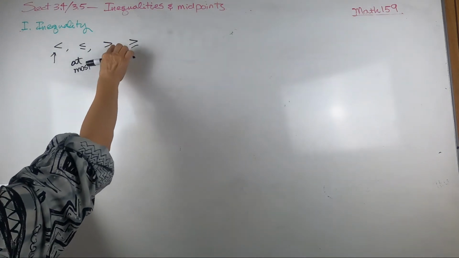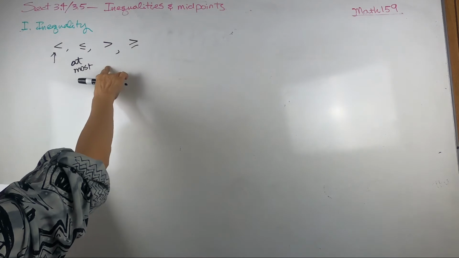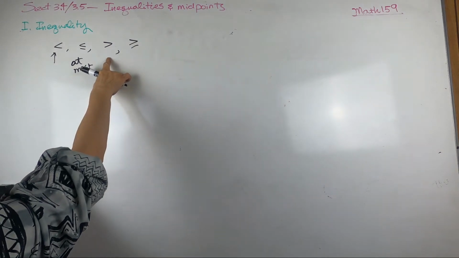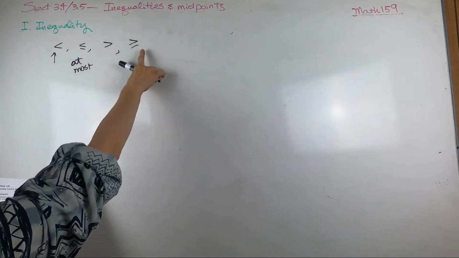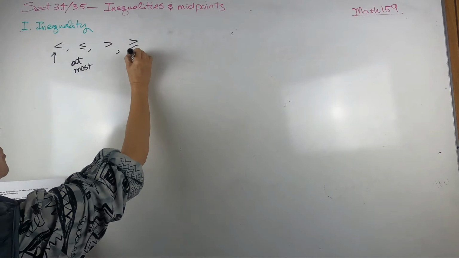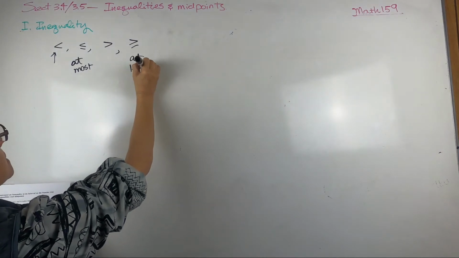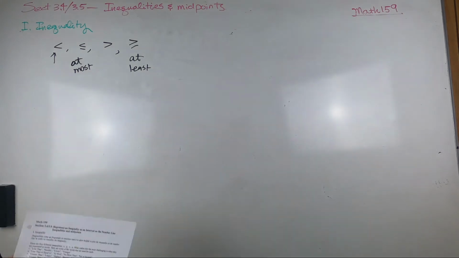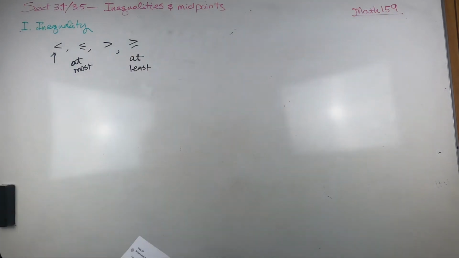Then this one is greater than, larger than, higher than, bigger than, older than, more than. And this one, greater than or equal to, you use for at least. At least is no less than, more than, or equal to.